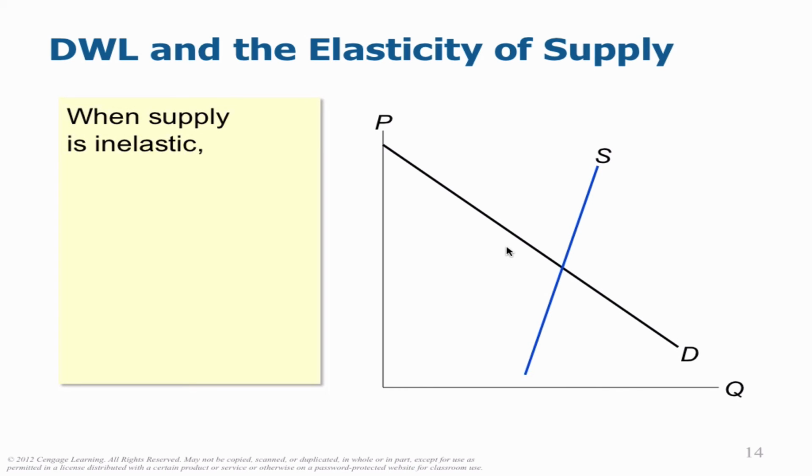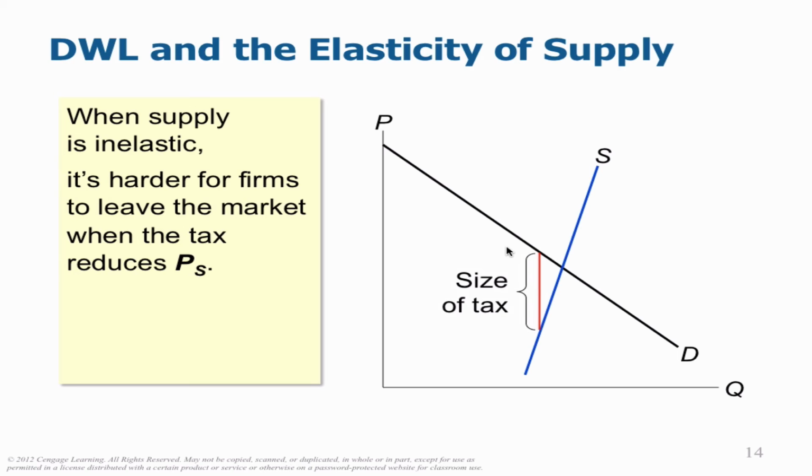All right. So when supply is inelastic, can you see how funny looking this deadweight loss triangle is going to be? It's hard for the firms to leave the market when the tax reduces their price. They're kind of stuck in the market. I own this land and I have my apple trees planted and my family's been operating this orchard, and just because the government is now taxing apples, I'm not just going to plow under my orchard and get out of the apple growing business.